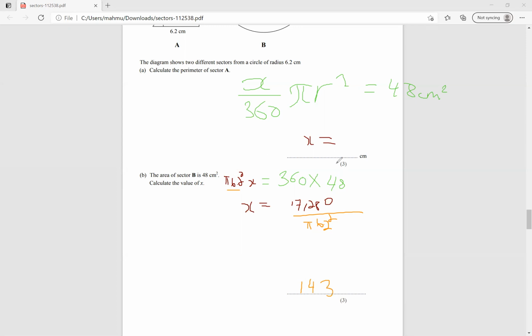So you got the formula, that's fine, the formula was right. Then you rearrange everything. When I rearrange it, I get this, that's the first step. Then I separate the x on its own, I move this to the other side, and that's the second step. Then I put it into my calculator. This is where my three marks are. I get 1 mark for showing this, 1 mark for rearranging it accordingly, and 1 mark for getting the correct answer. That's your 3 marks.